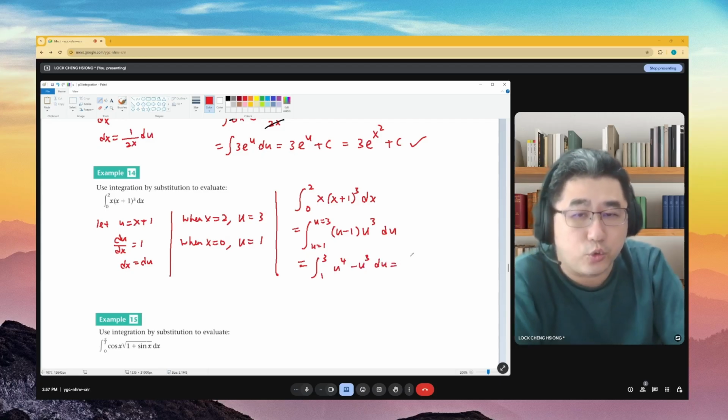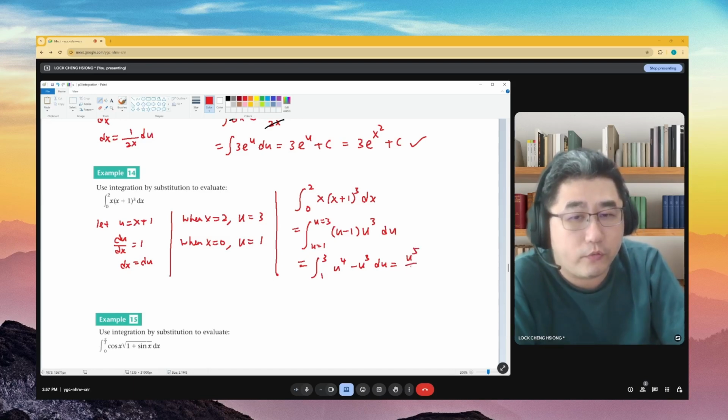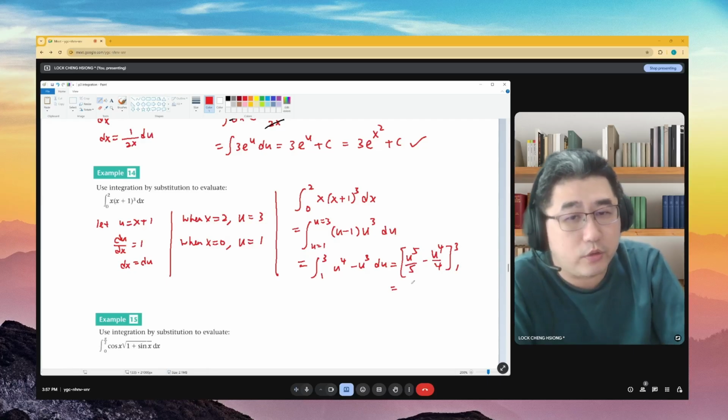Okay, so you do your integration: u to the power 5 over 5 minus u to the power 4 over 4, with 3 and 1 here. Substitute the 3, substitute 1. So 3 to the power 5, 243 over 5, minus 3 to the power 4, 81 over 4, minus 1 over 5 minus 1 over 4.